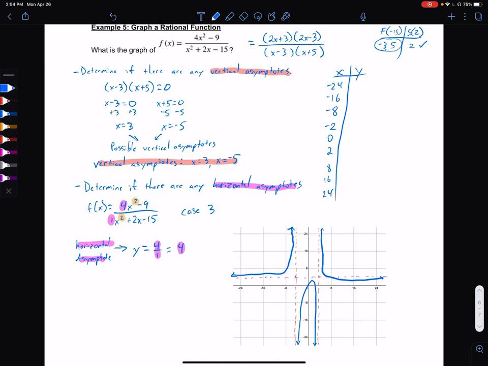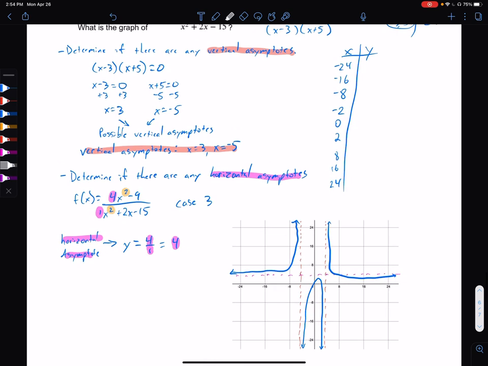But it actually drops below that horizontal asymptote of 4, and then it approaches it from below. So it's tough to really show this without completely zooming in or showing on a graph from a program like Desmos. But this part of the graph here is just going to come back up towards the asymptote, and it's just going to track along it, but it's never actually going to cross over that.